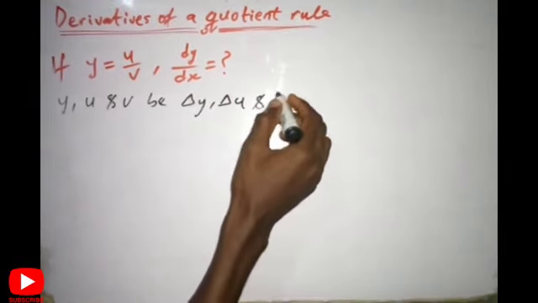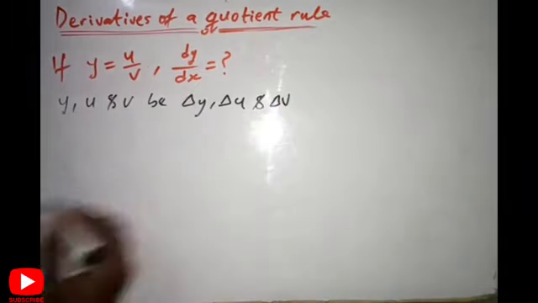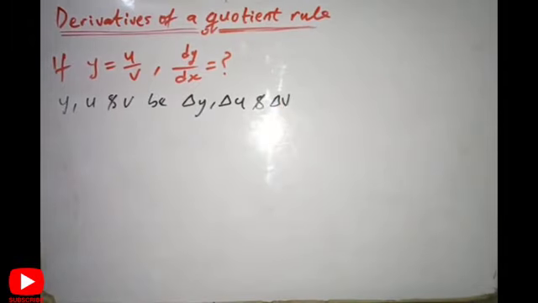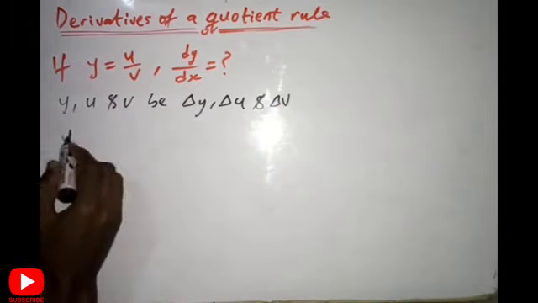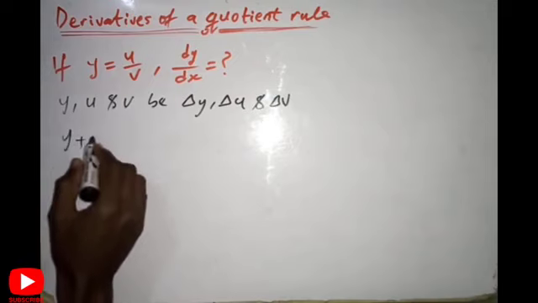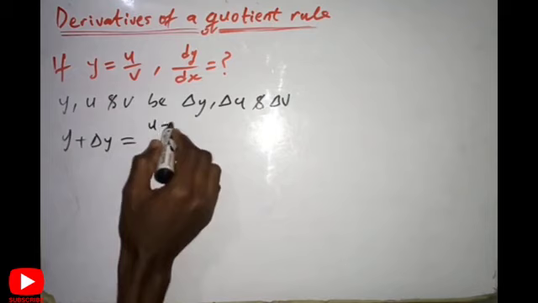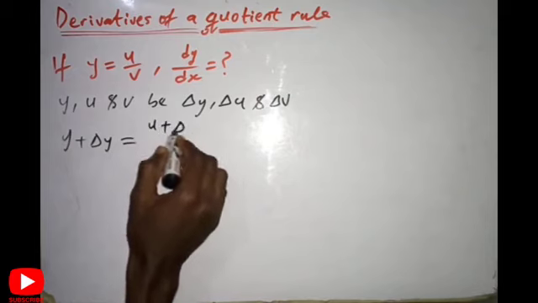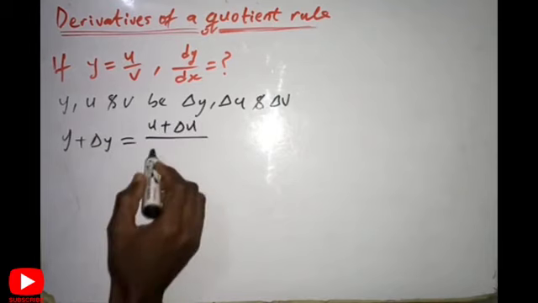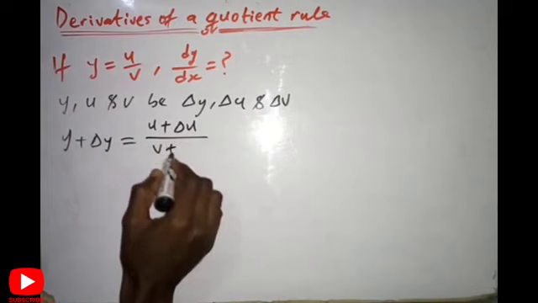So by using the first principle, this will be y plus delta y equals u plus delta u over v plus delta v.